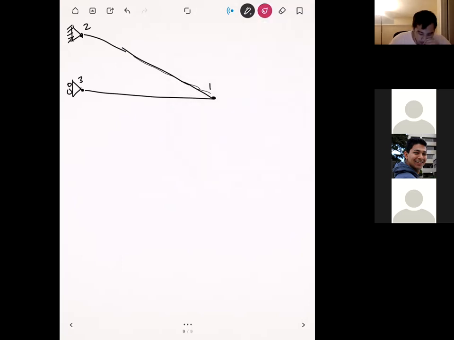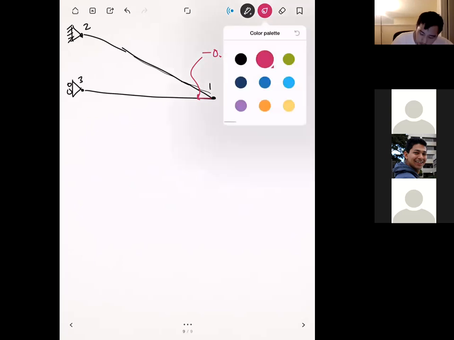Visually, it looks like this. Node 1 is going to displace this way with a magnitude of minus 0.0862 inches. So it's going to move slightly to the left.